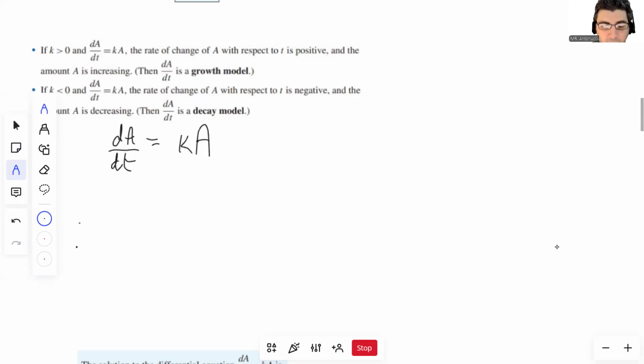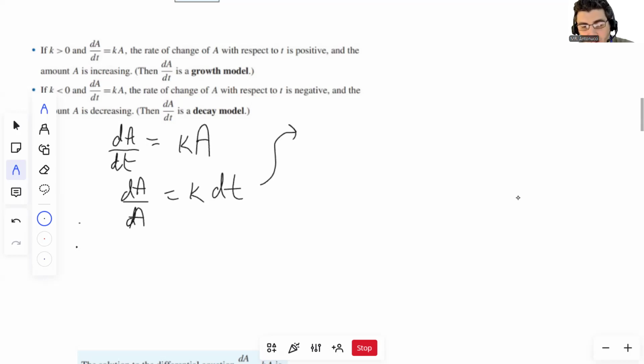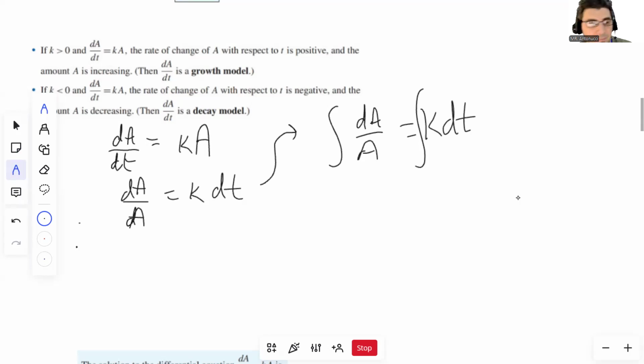Okay, so divide by A: dA over A equals k dt. And then the next thing we're going to do is integrate both sides. So let me rewrite it over here. You would have the integral of dA over A equals the integral of k dt.